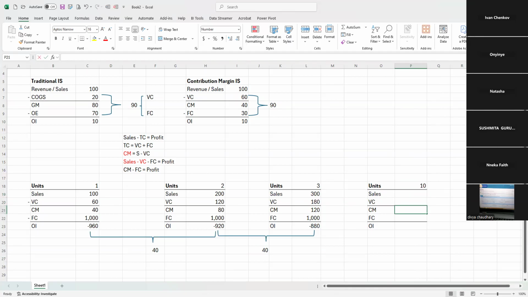Why will it be 400? It's the original one-unit contribution margin times 10, the number of units.